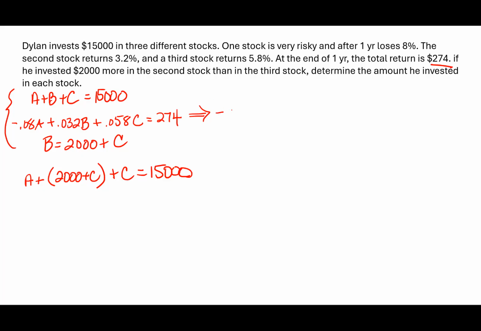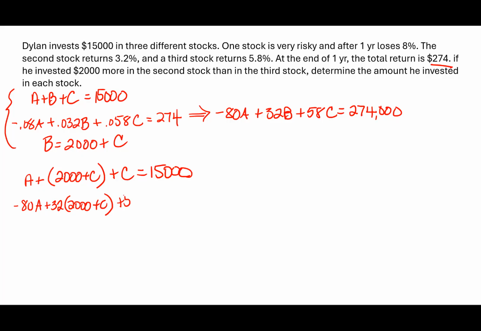So that's going to give me negative 80A plus 32B plus 58C is equal to 274,000. And now I'm going to substitute into that equation 2,000 plus C for B also. So that's negative 80A plus 32 times (2,000 plus C) plus 58C is equal to 274,000.